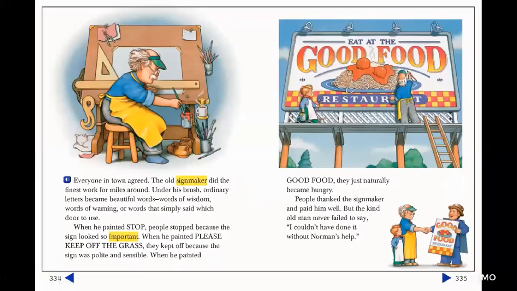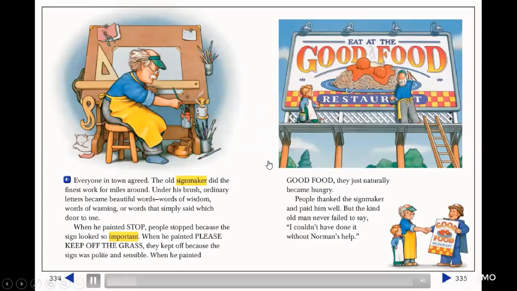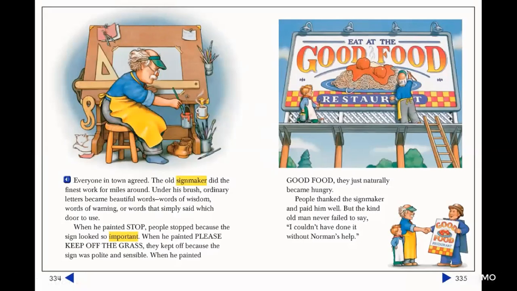Everyone in town agreed. The old sign maker did the finest work for miles around. Under his brush, ordinary letters became beautiful words, words of wisdom, words of warning, or words that simply said which door to use. When he painted "Stop," people stopped because the sign looked so important.